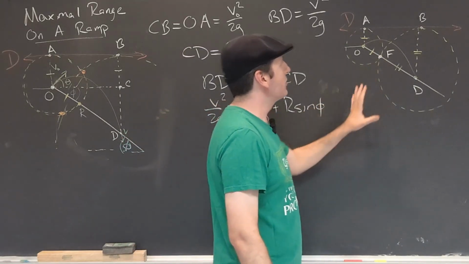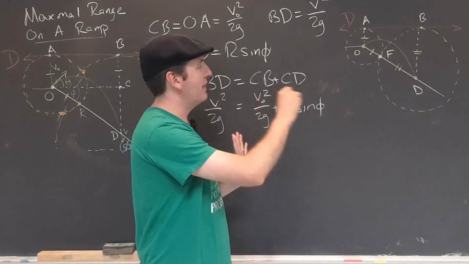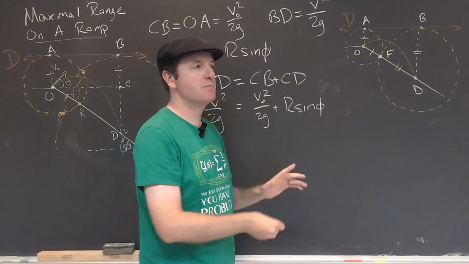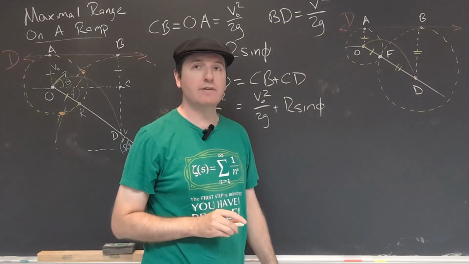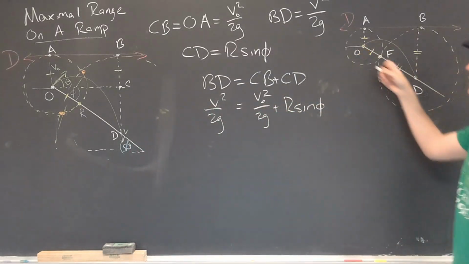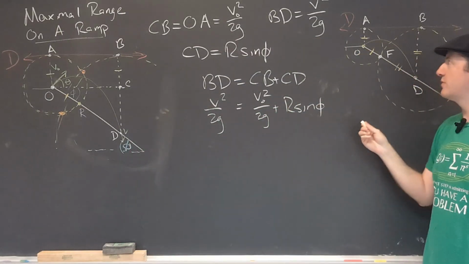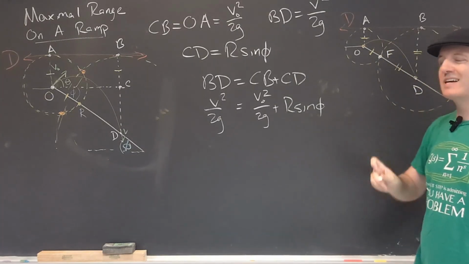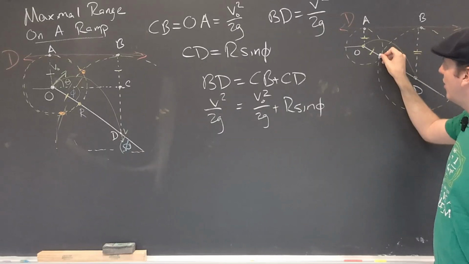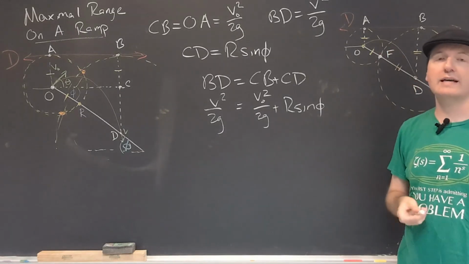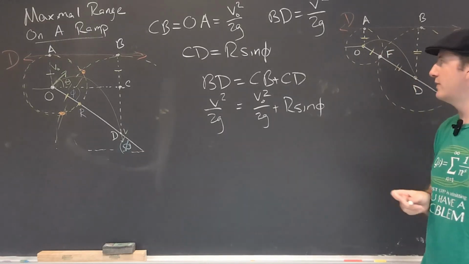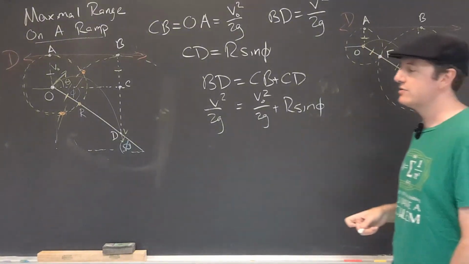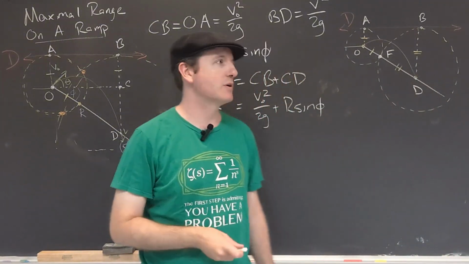So we've proved earlier that if I have a parabola of minimum speed that's spanning some secant or some chord of the parabola, like here, OD is a chord of this parabola, then this parabola has minimum speed precisely when that secant contains the focus of the parabola. So this point F, where these two circles meet, must be the focus of the parabola.